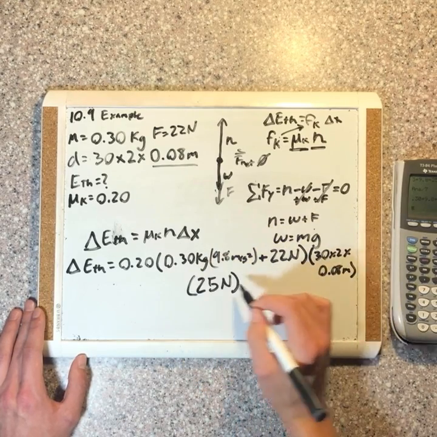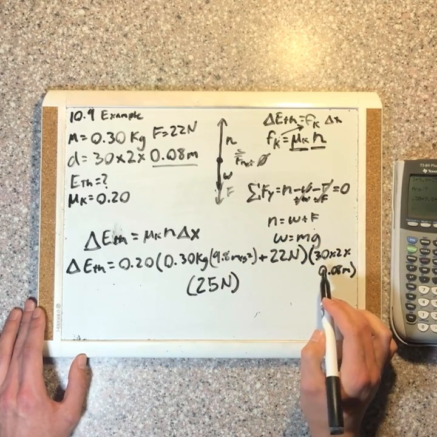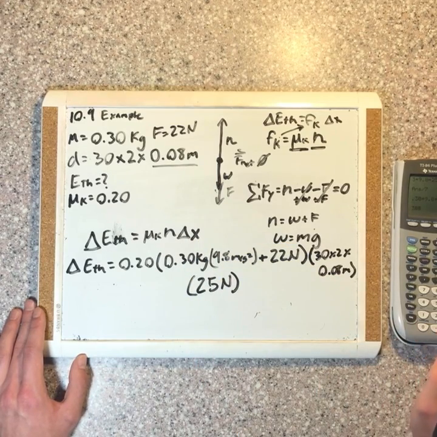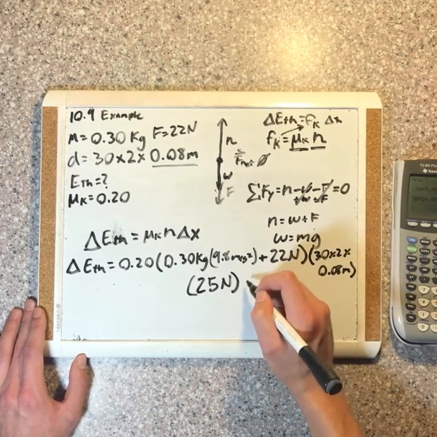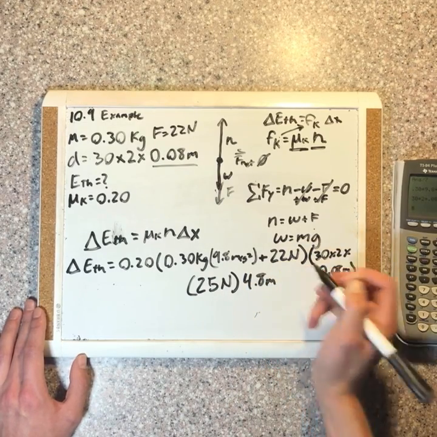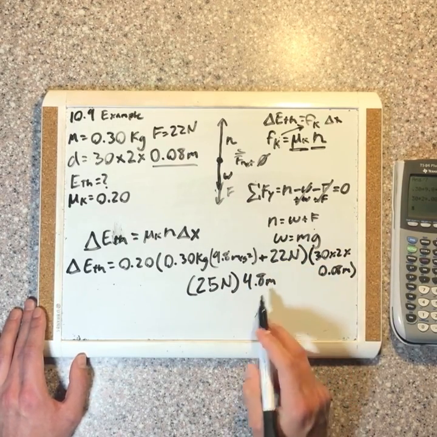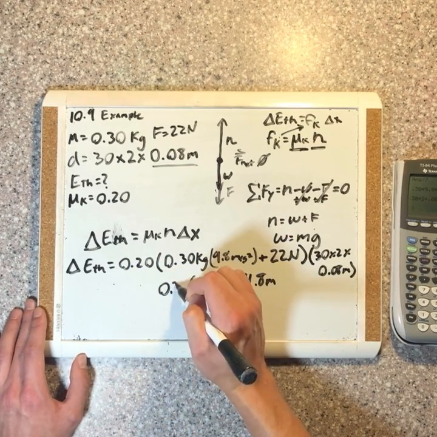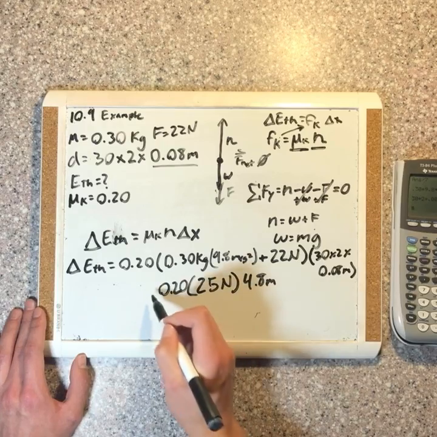Cool. So that's helpful. Now let's look at our total displacement, our total change in x. We have 30 times 2 times 0.08 meters. That's going to give us 4.8 meters total displacement. Again, very useful. And then down here we have our coefficient of friction and nothing to multiply that out by.